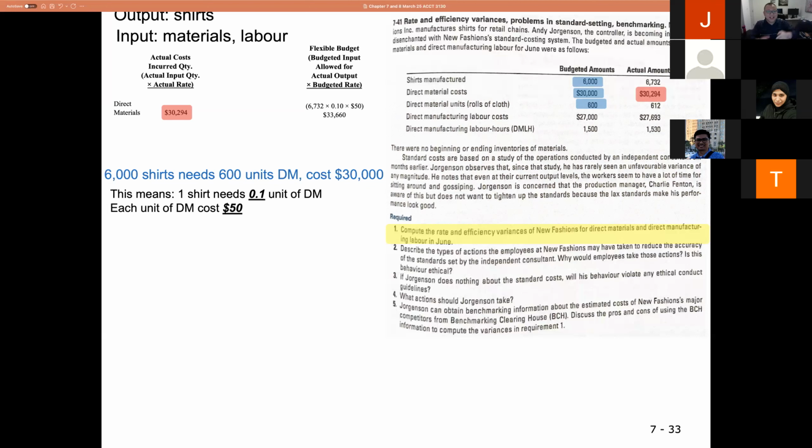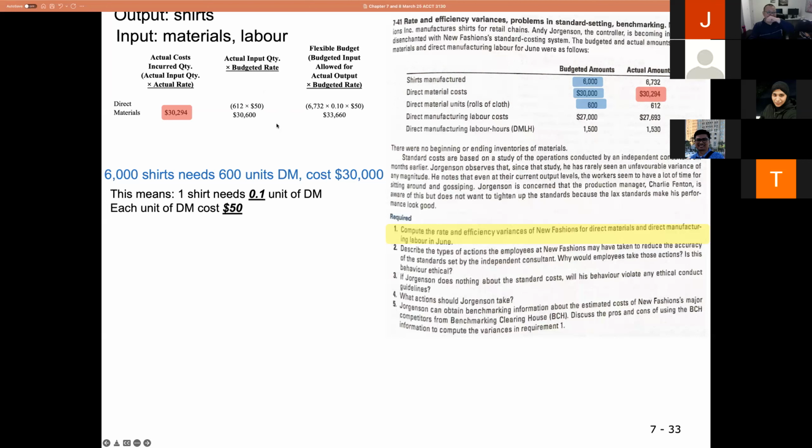So what is the actual input? 612 direct material units, rolls of cloth, is the actual, times, I think, the $50. Bingo. Very good. So you use actual input quantity, that's the 612, and you times budget rate, 50. So that's your middle number.